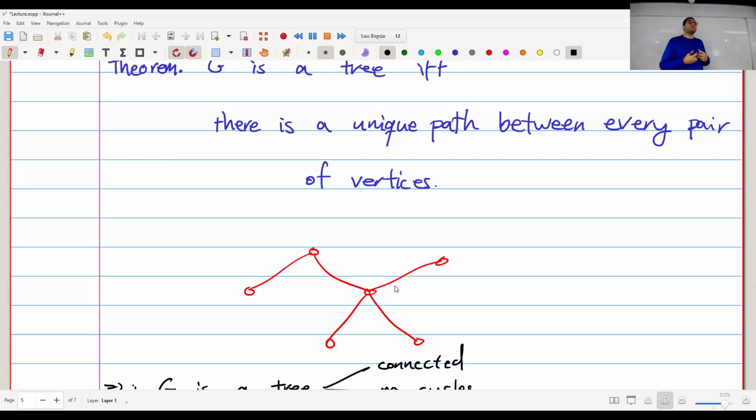But can I say this about the edges? Can I say all the edges are cuts? Intuitively, it makes sense that if I have a tree and if I take one edge and let's say I take this edge and I slice up the tree by removing this edge, I should get two connected components on the two sides, right?